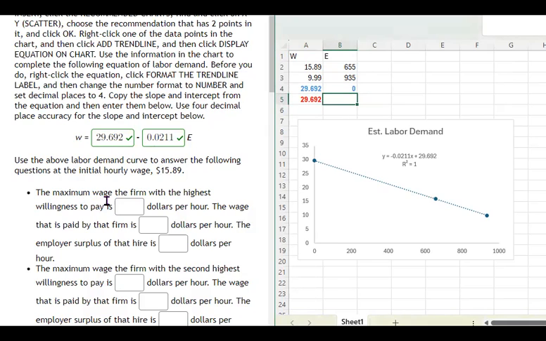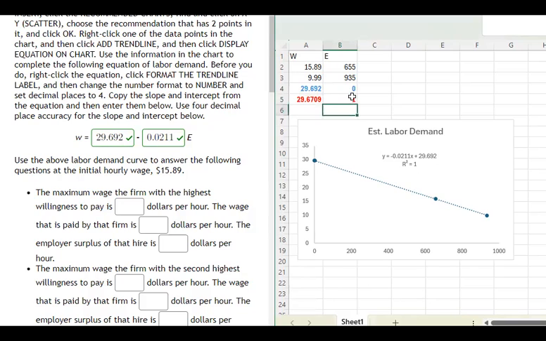Okay. Now, the maximum wage firms with the highest willingness to pay is what? Well, to calculate that, we have to ask the question, how much firms are willing to pay the first worker that is hired? How much are they willing to pay that person, right?